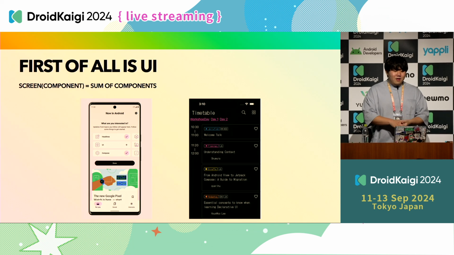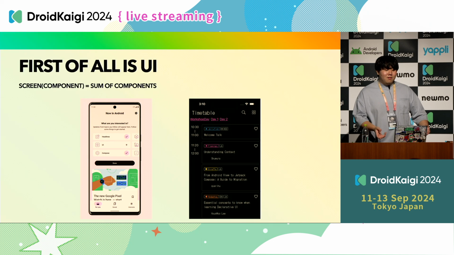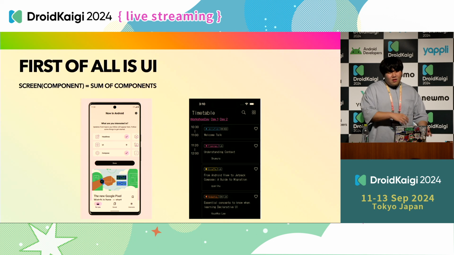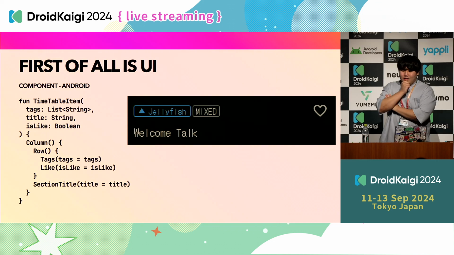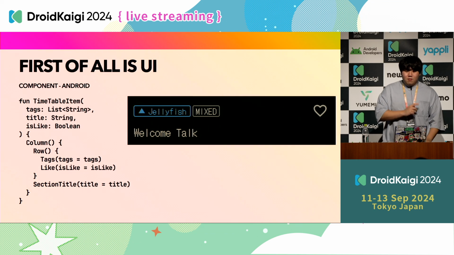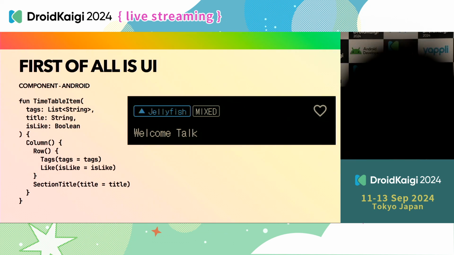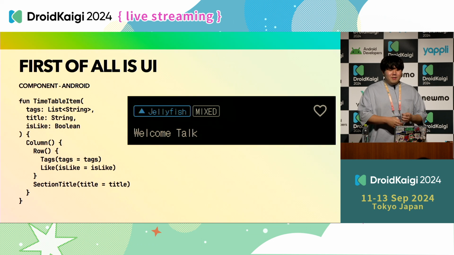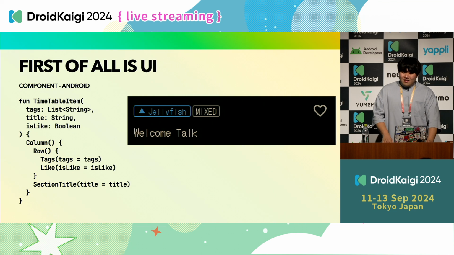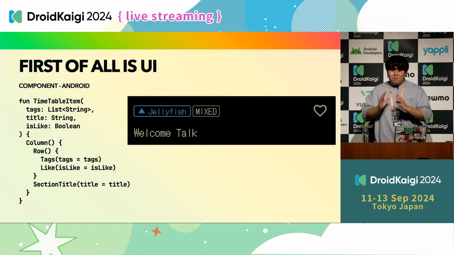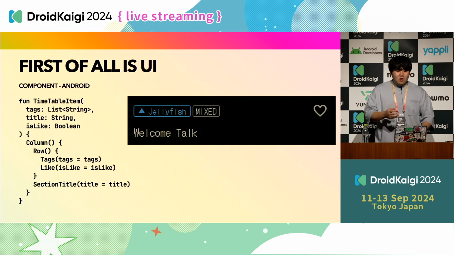Then, let's examine how this is implemented across different libraries by looking at an example of the timetable item component in the DroidKaigi app. Since understanding can be faster when we start with the most familiar aspects, we'll first examine the implementation in Android. I appreciate your understanding that the code is written in a very simplified form to grasp the concepts of components.